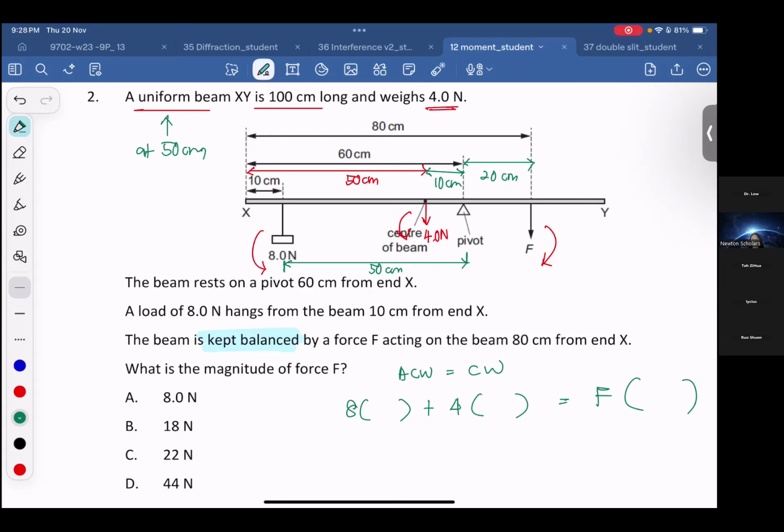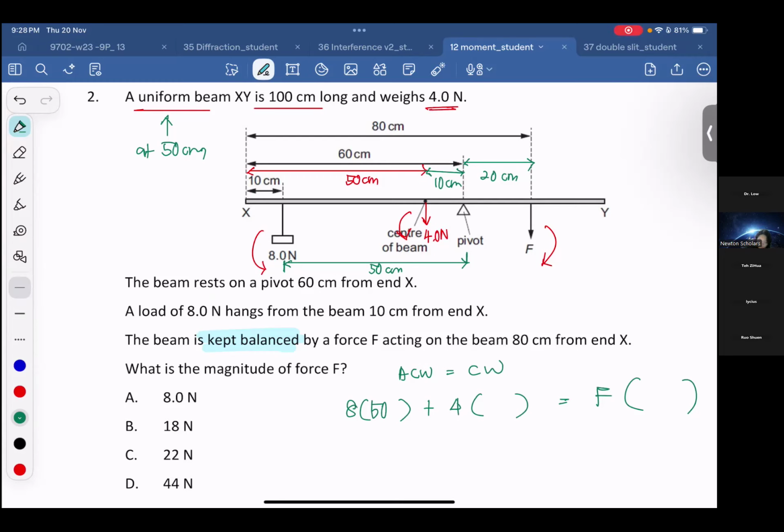Can you count and then tell me the answer? Angeline, correct. Then continue. 8 Newton should be times 50 cm.